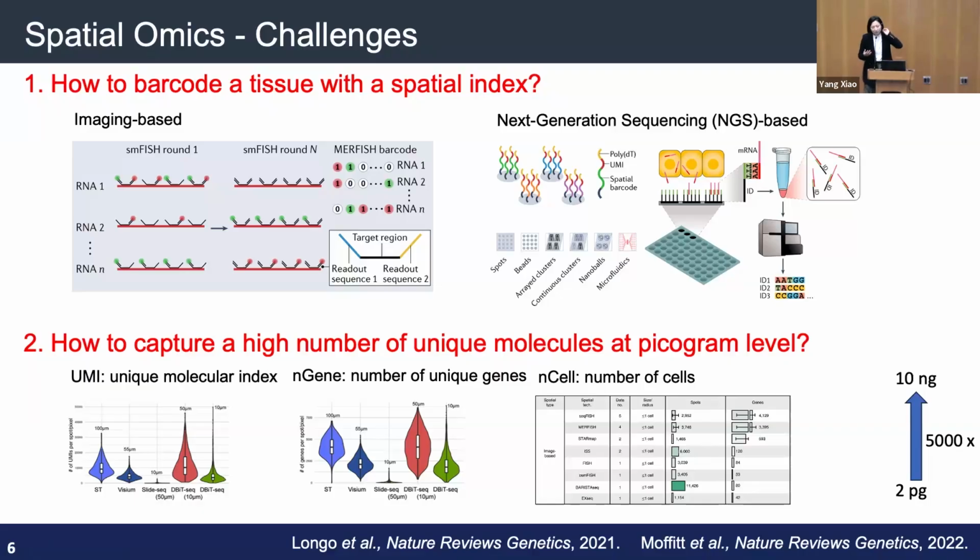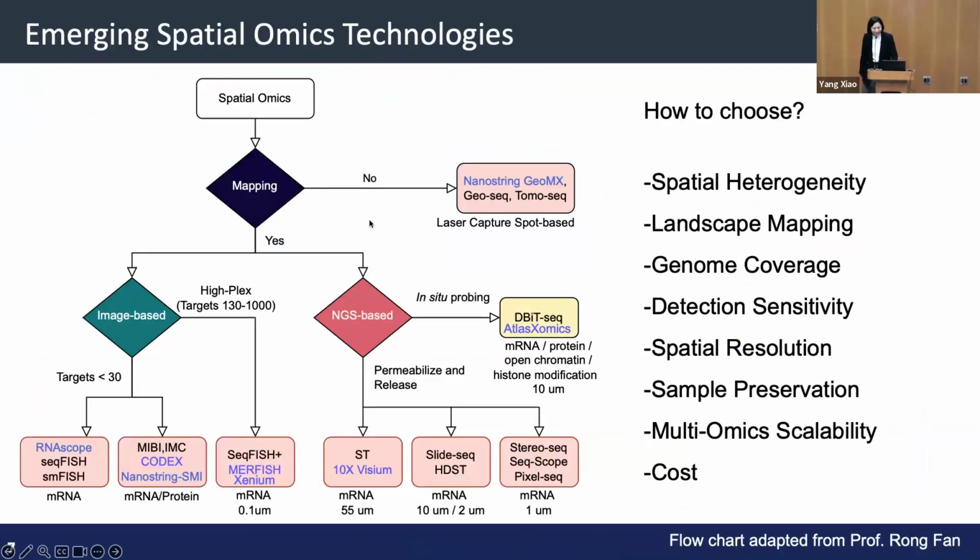So spatial transcriptomics has spearheaded two mainstreams, one from imaging-based methods and one from sequencing-based methods. I organized a chart adapted from a previous review. Starting from the very upstream for spatial omics, depending on whether you want mapping of the entire tissue or not, if you don't, and you only select a whole region for laser capture, you can go with NanoString.